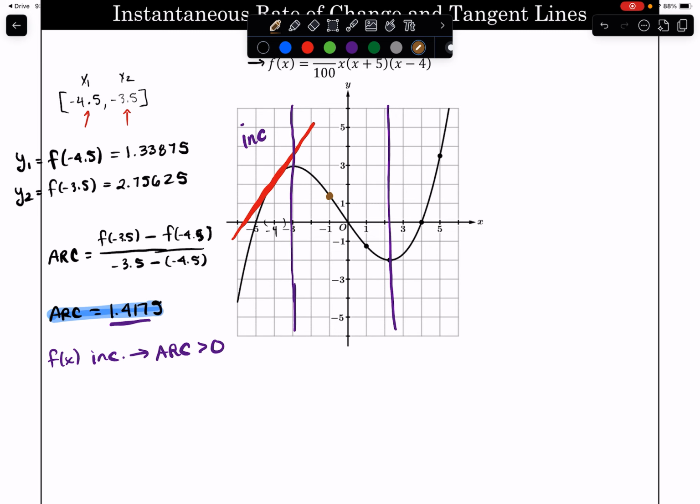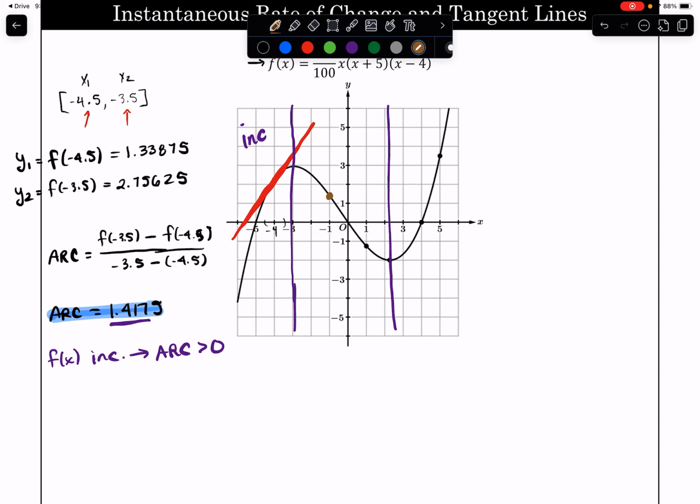But what I can do is pick 2 points that are close to it and figure out what the average rate of change is between those. The closer, the more accurate I become. In this example, I'm not going to be too accurate. I'm not going to pick points really close to each other. I'm just going to pick something that will give me a nice value.